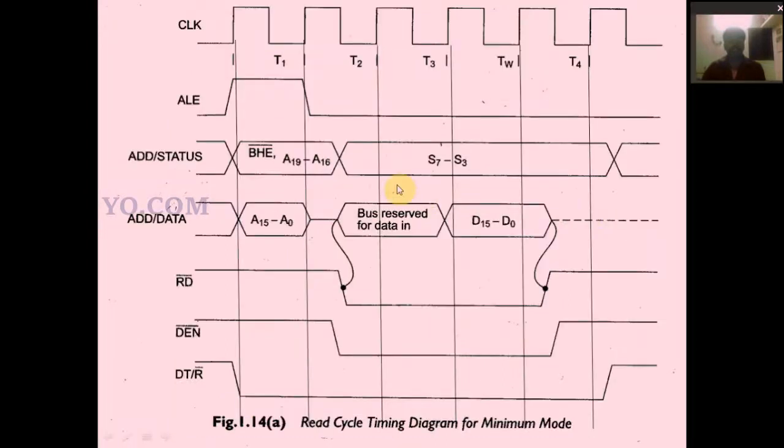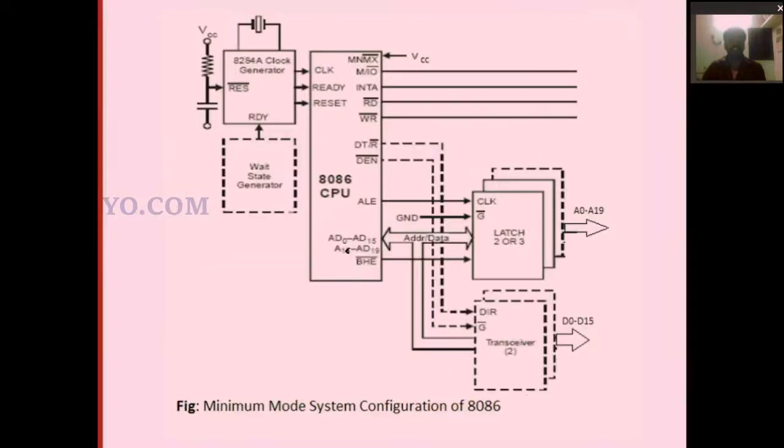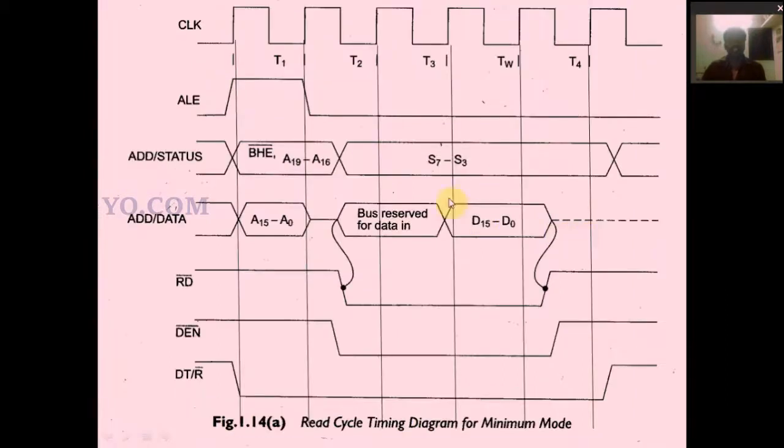The addresses are loaded into the address bus at T1. Here the address bus has two divisions. One is 0 to 15 and another one is 16 to 19. So 0 to 15 is enabled at T1 and 16 to 19 is also enabled. So both address buses are enabled at T1.